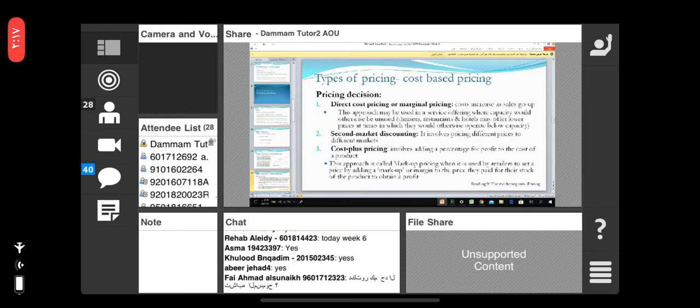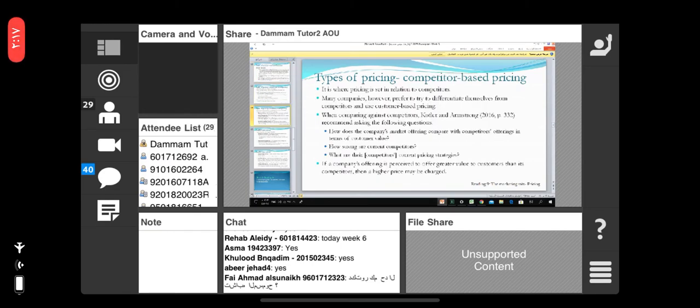The cost based pricing عندنا 3 types: direct cost pricing والثاني market discount اللي هو كل market عندها different price for the same product. عندنا cost plus pricing اللي هو بعض الأحيان نحط percentage. Okay, it cost me $100, let's say I put maybe 20 or 30%. هذا cost plus pricing.